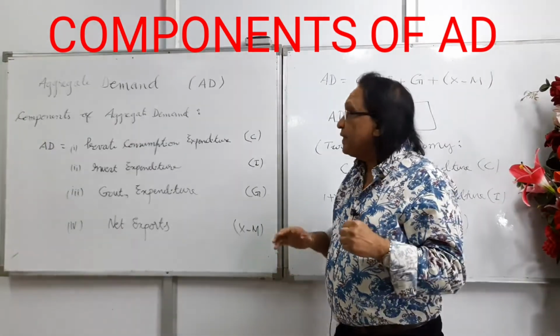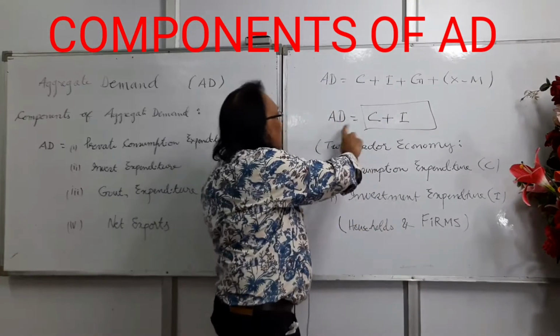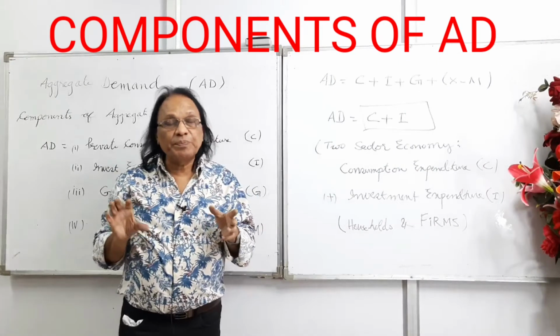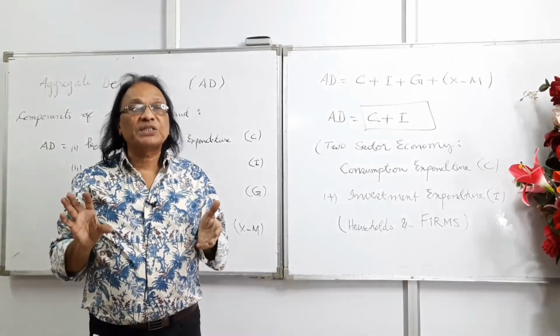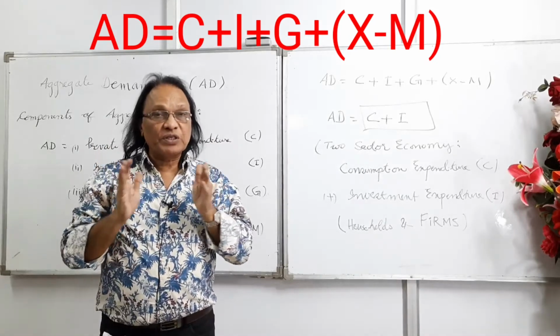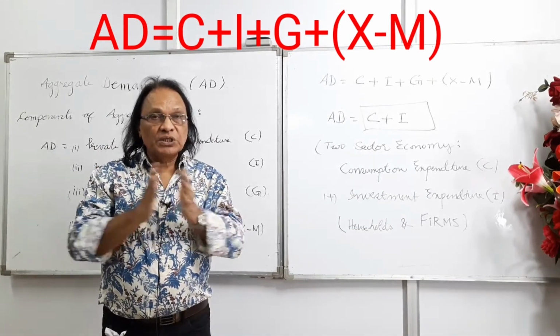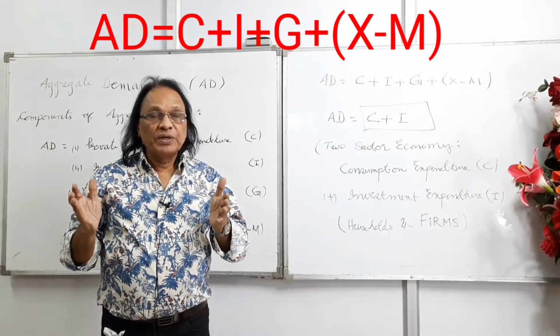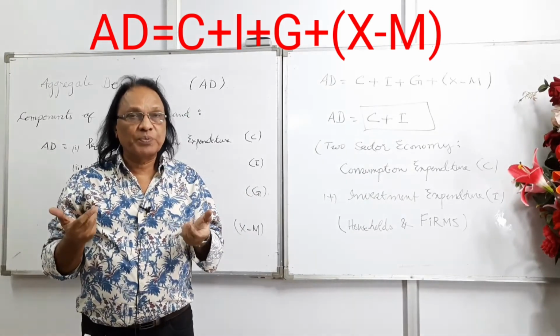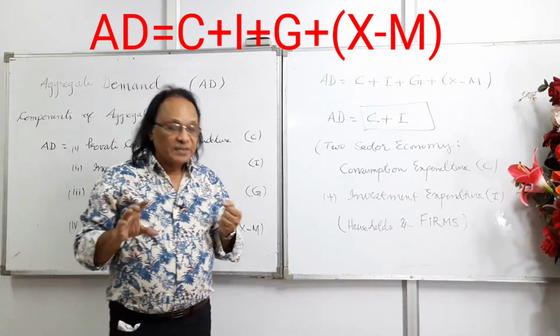Remember, we write it as AD is equal to C plus I plus G plus X minus M. C stands for consumption expenditure, I stands for investment expenditure, G stands for government expenditure, X minus M stands for net exports, exports minus imports. Let's discuss these in detail.